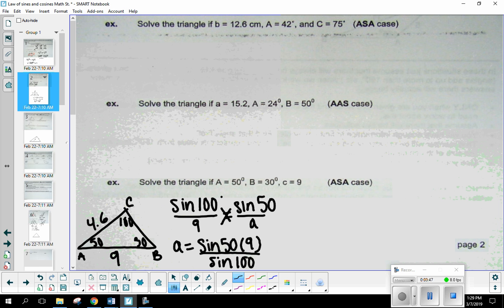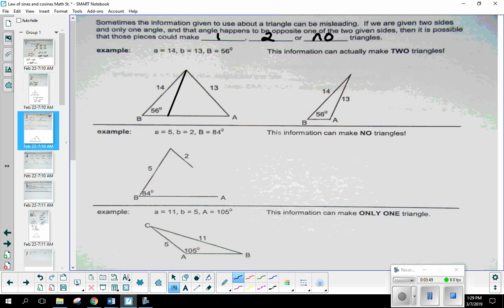Now, this was what? If you had what kind of case? If you had a side-side angle. Yeah. And you could have two different types of triangles. It's one of the things we talked about.